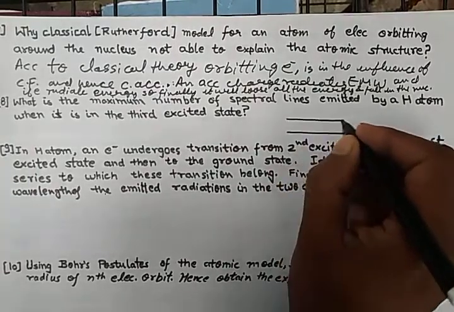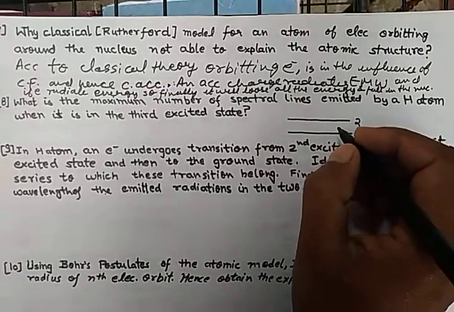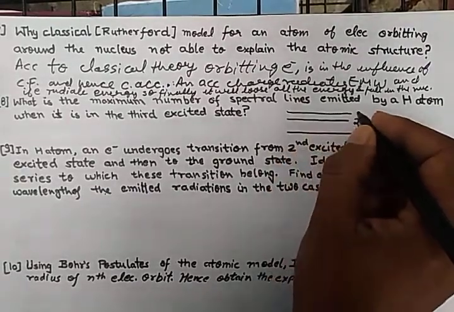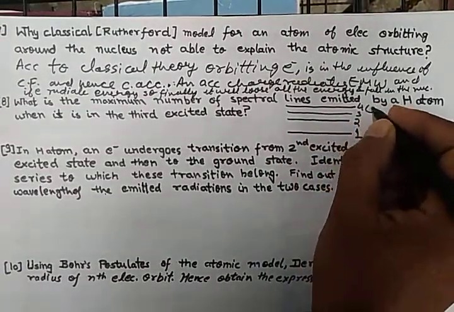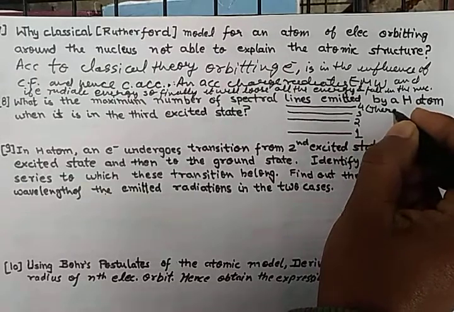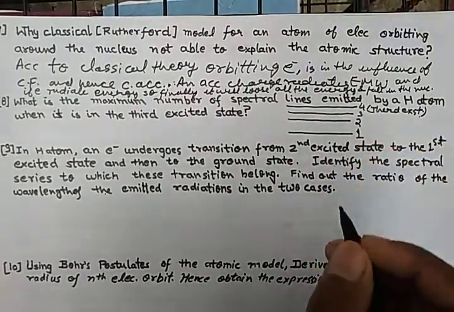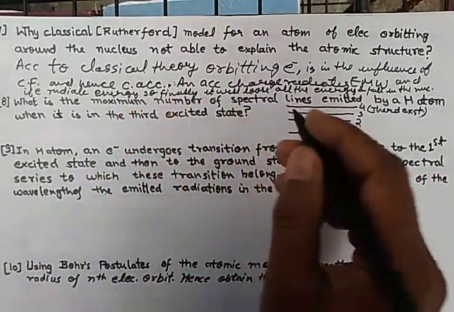First energy level, second energy level, so it is the third excited state. Oh, I don't have enough space here. This is third, this is fourth. Actually this fourth is the third excited state. So how many maximum spectral lines?